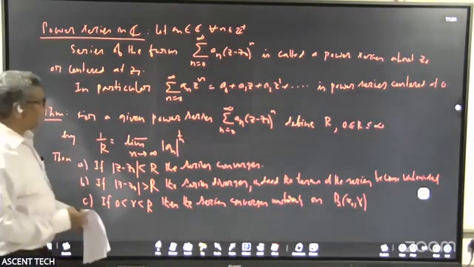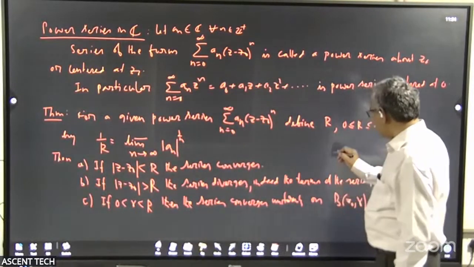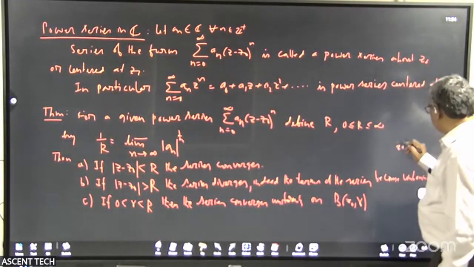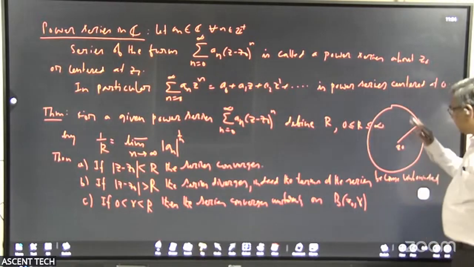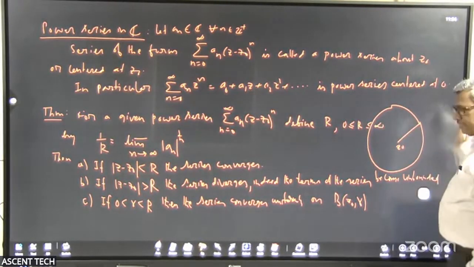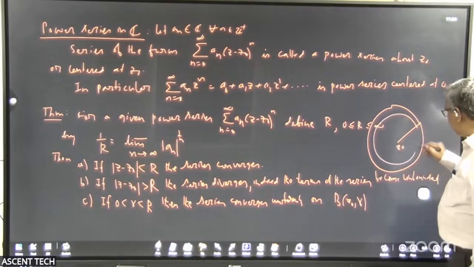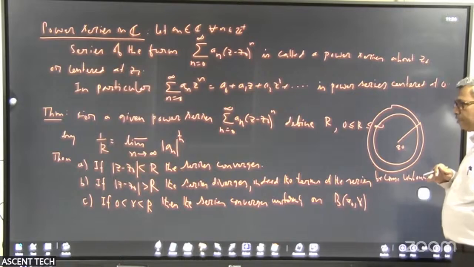So not only convergence, but for every small r given like that, the convergence is uniform. That's what I'm saying.